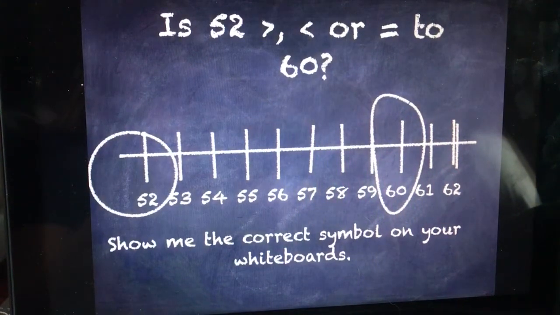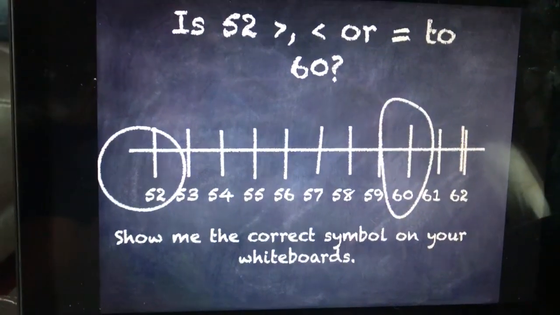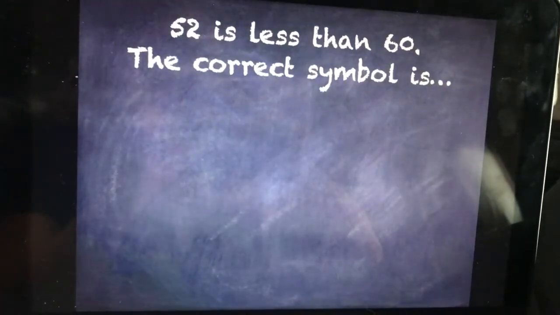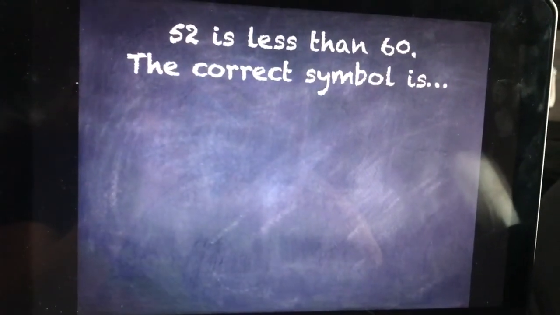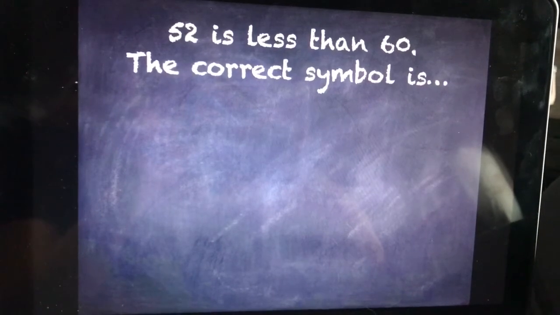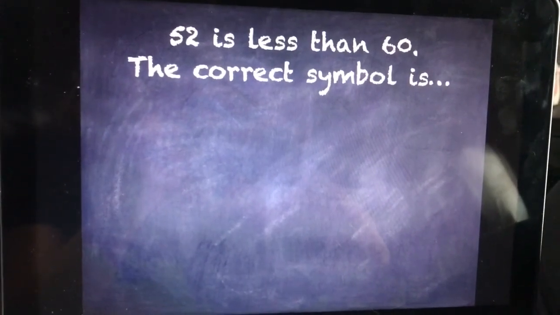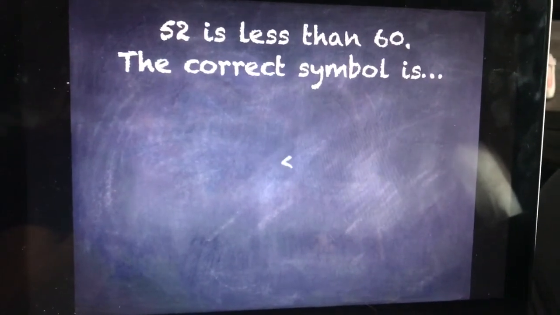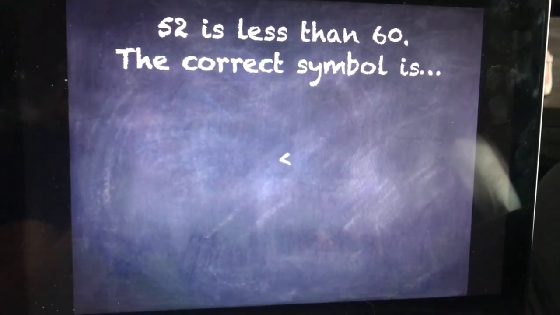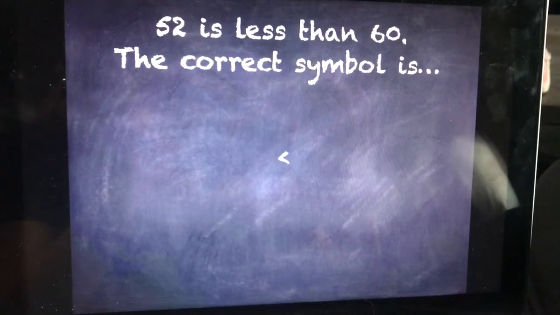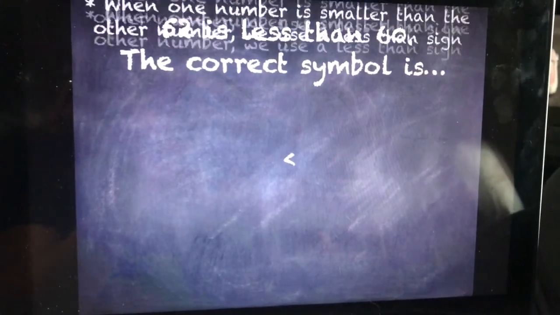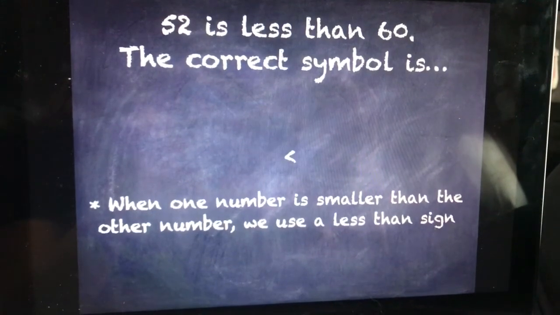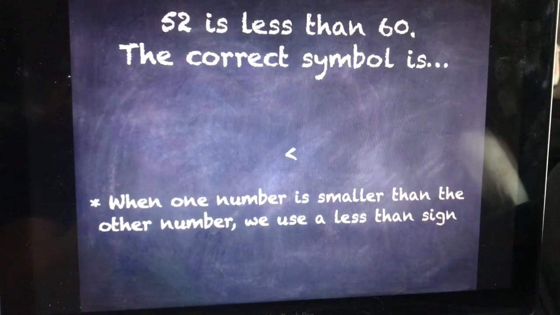Show me the correct symbol on your whiteboards. 52 is less than 60. The correct symbol is less than. This is the less than symbol. When one number is smaller than the other number, we use a less than sign.